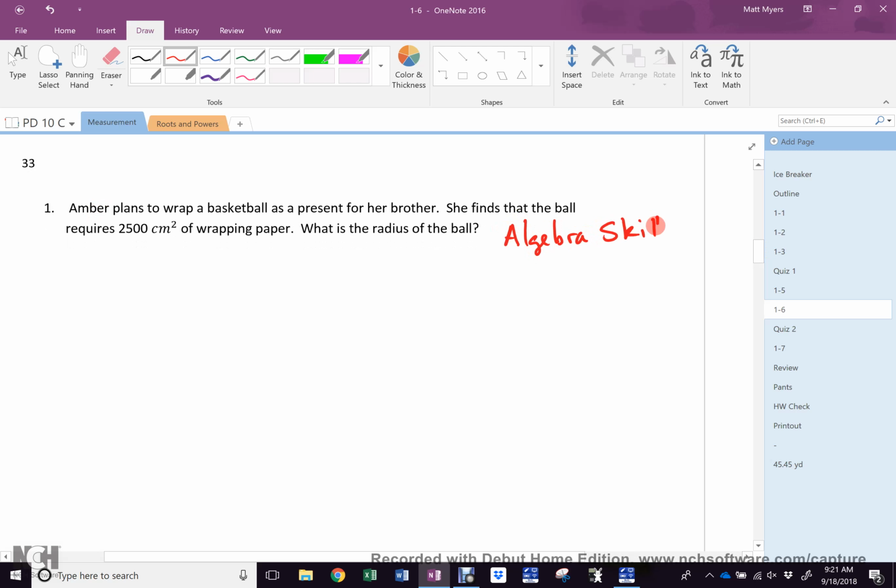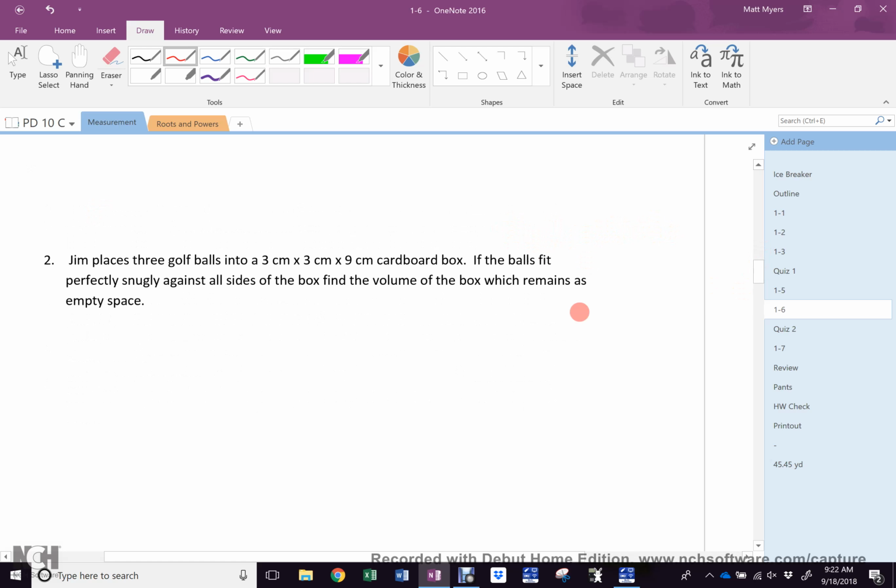I haven't reviewed algebra. I'm interested to see if you can do this without me reviewing it. And number 2 is actually a volume question, so this one uses the formula. Your job tonight is to attempt those 2, and that is it.